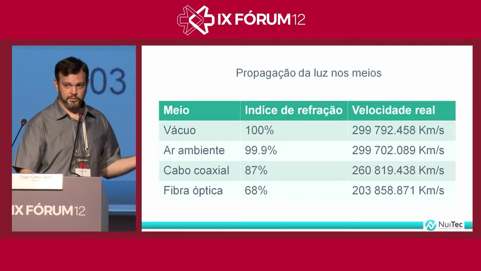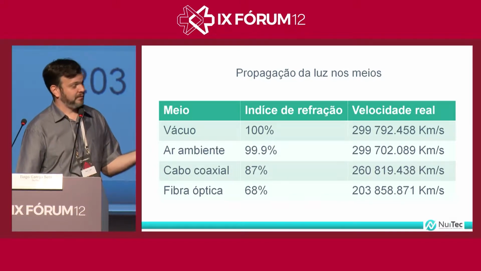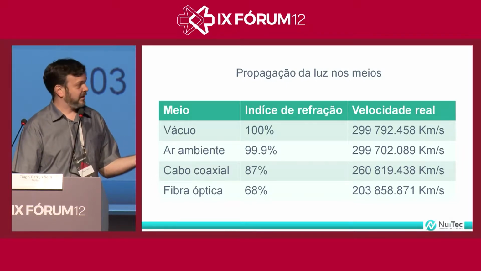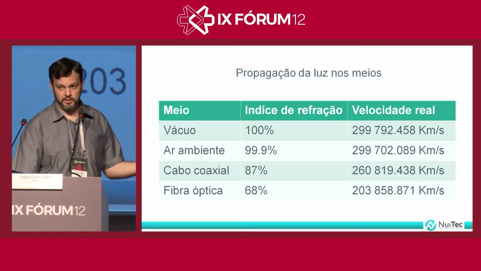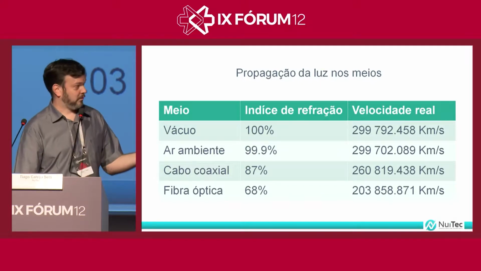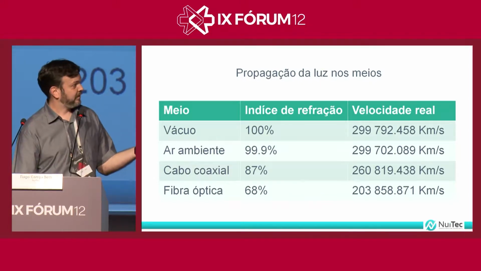And when you go to the air, our atmosphere, it is 99.9% of the standard speed of light. Coaxial cable, 87%, and optic fiber, 68%. The speed of light in optic fiber is not 299,792,458, it's 203,858,871 kilometers per second.